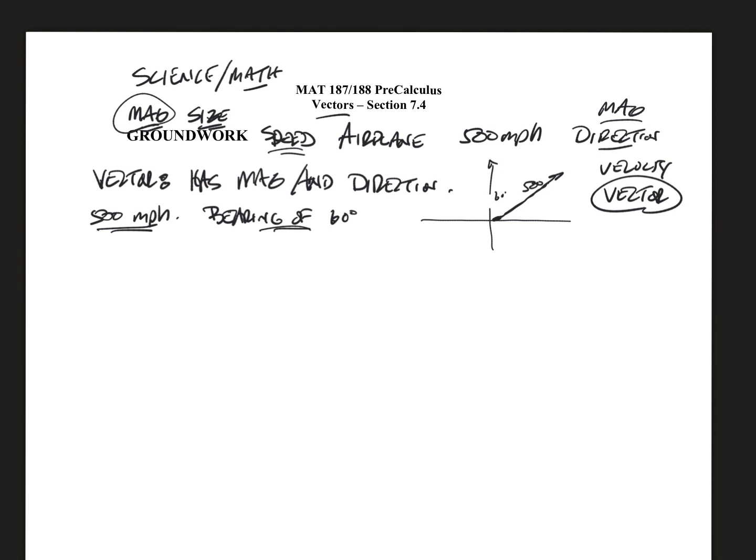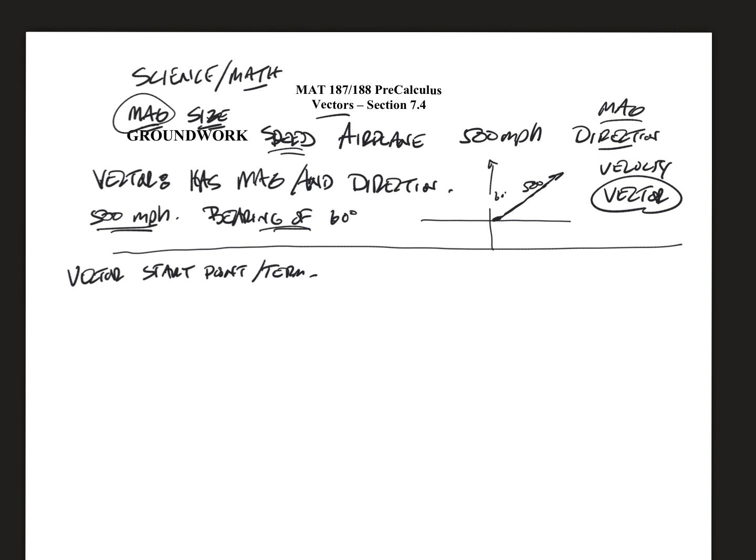And so now what we have is basically the essence of a vector. All right, now that I've introduced why we need that, let's get a little more detail. All vectors have a start point and a terminal point. If that sounds familiar to you, I hope it does, because that's how we started our trig journey. So our vector for our airplane has a start point and an end point.